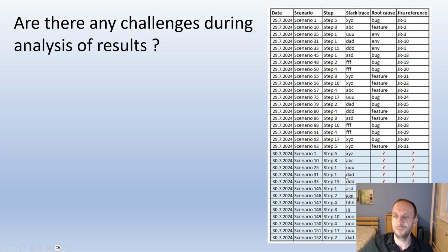So you need to compare with the previous day, look at the stack trace, and again update your information for today if it's a bug, feature, or environment issue, and you need to basically separate what is new and you don't know the reason, and which are known issues.